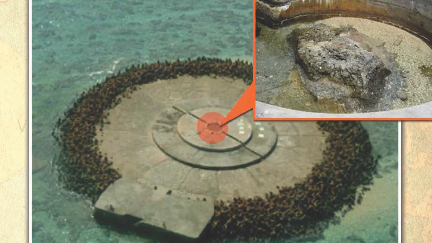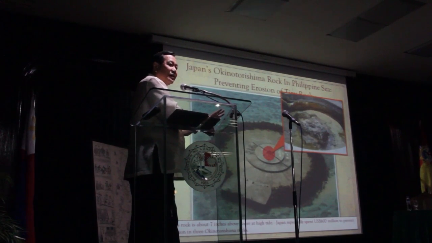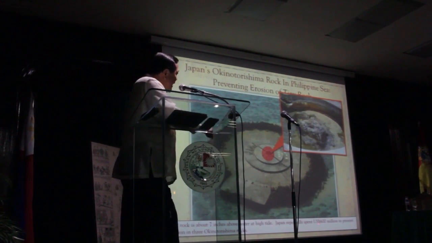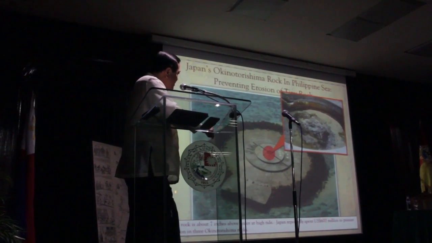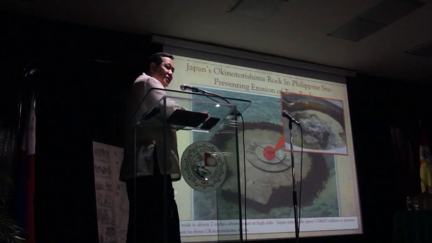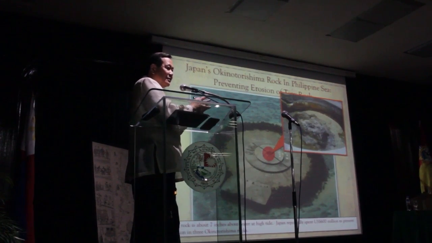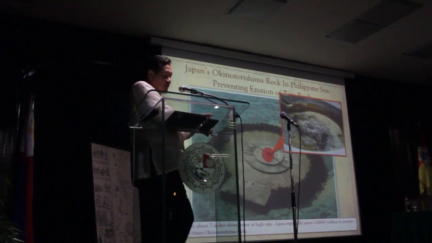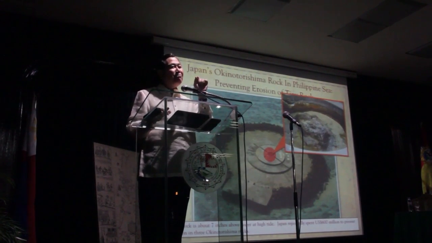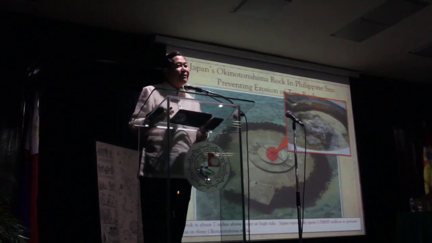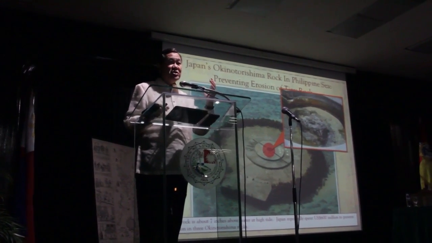The moment it erodes, no more. Japan spent $600 million because there are 3 rocks here that they protected. Very important. That's why we have to fight for every inch of territory above water at high tide, because it's huge.